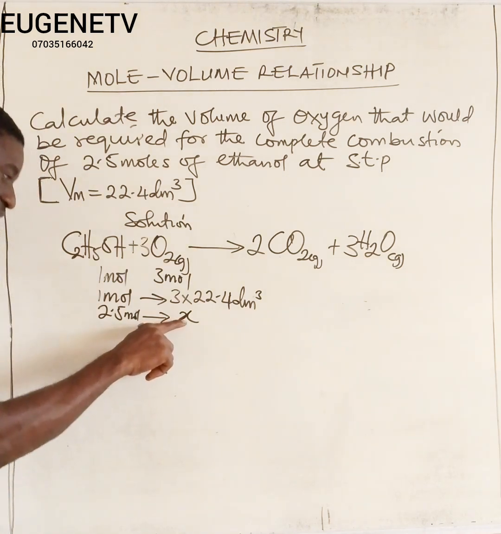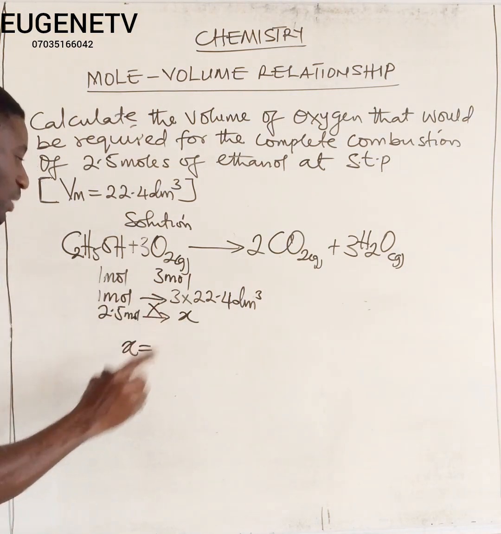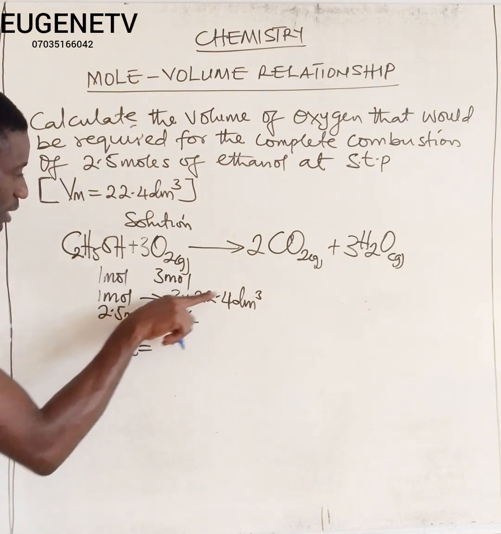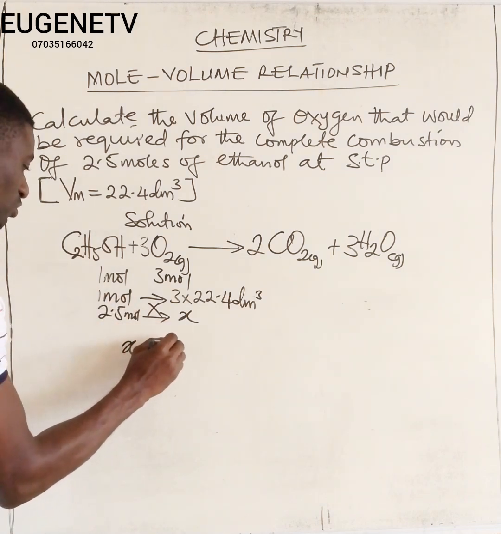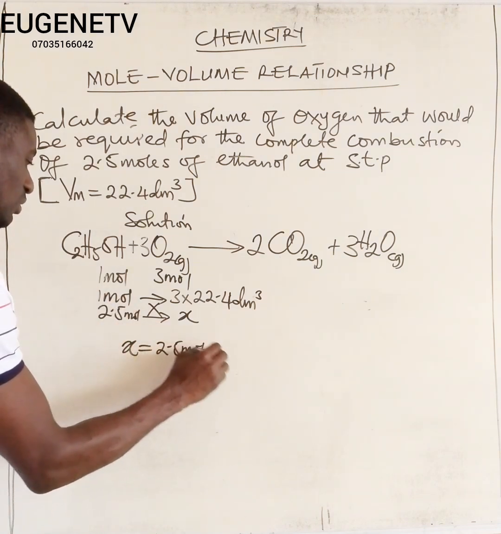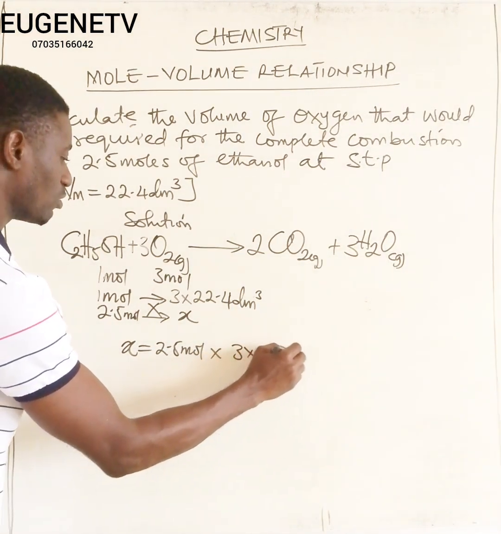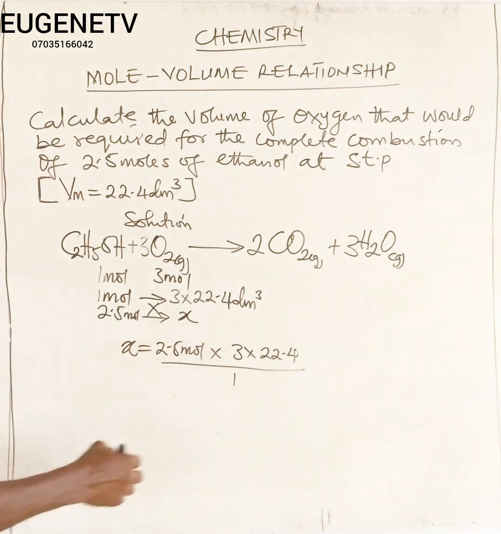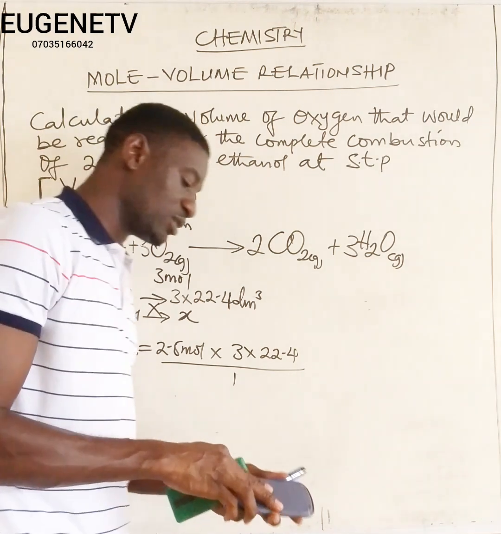We don't know, so we call it X. We make X our subject of formula, and we cross multiply. So our X is going to be 2.5 moles times 3 times 22.4, all over 1. And of course, anything divided by 1 is going to give us itself.